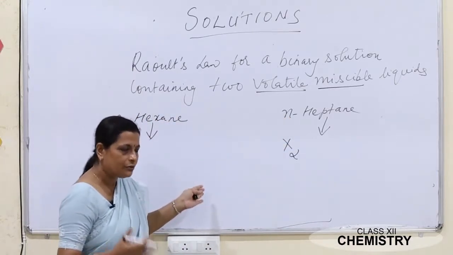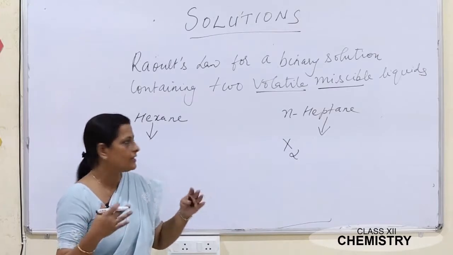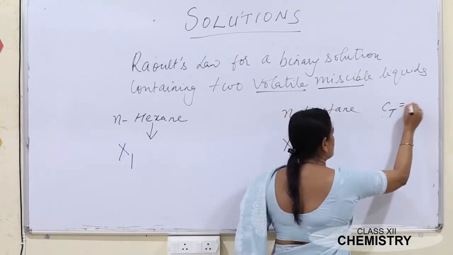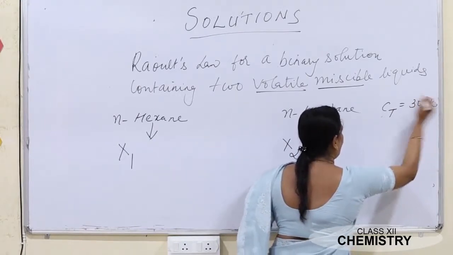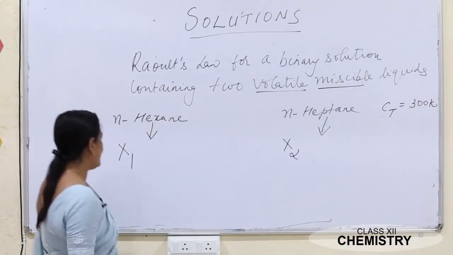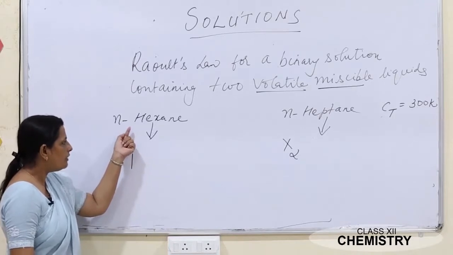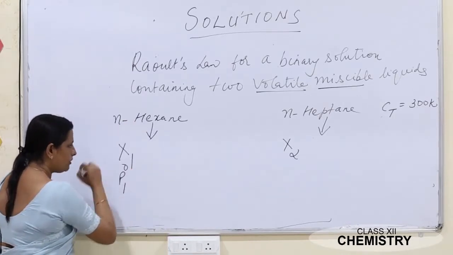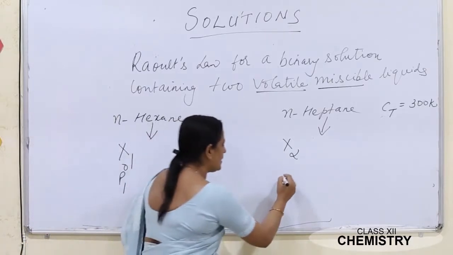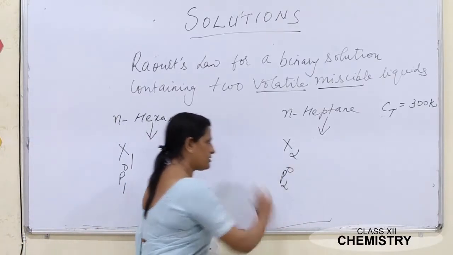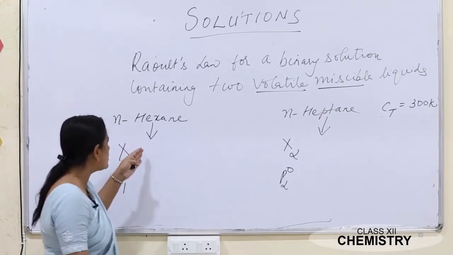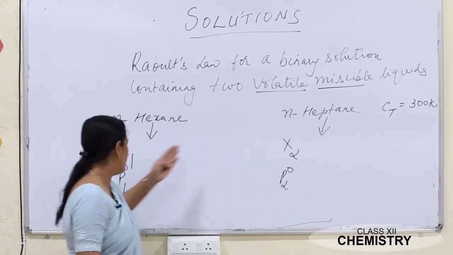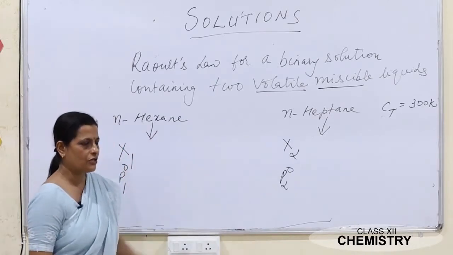But at present I can't do it, we are just imagining we are performing the experiment. And we are going to do the experiment at a constant temperature of say 300 Kelvin. So we are finding out the vapor pressure of normal hexane, which I'm going to denote as P1 naught, and of N-heptane as P2 naught. So we know the mole fraction of hexane and of heptane. We know both vapor pressures also.